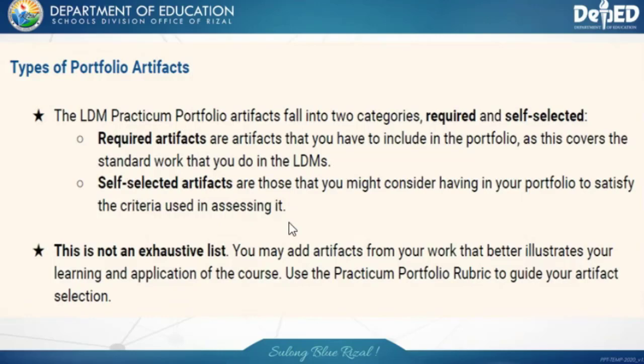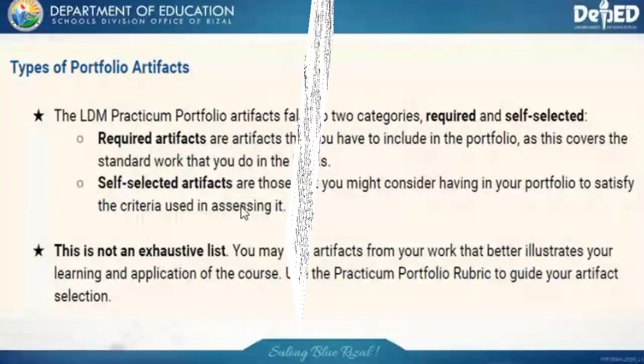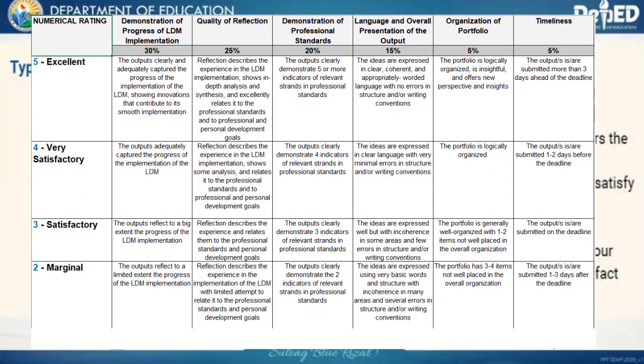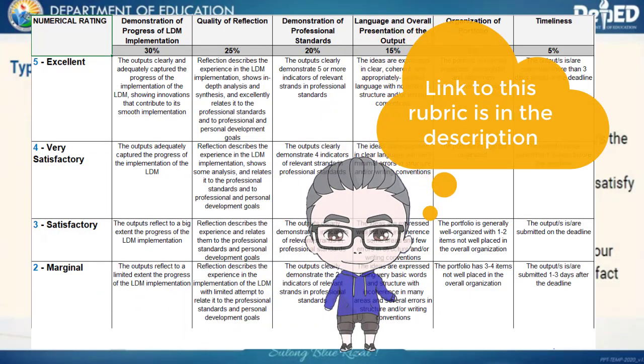And then, the self-selected artifacts, ito yung parang mga supplementary artifacts pa na pwedeng mag-support dun sa ginawa mo, dun sa objective na yon or dun sa criteria na yon. Okay? So, pwede natin itong idagdag yung mga self-selected artifacts para ma-meet natin yung criteria na ginagamit sa pag-assess sa atin. So, meron akong sinend kanina na rubrics, and you will be rated according to that rubrics.